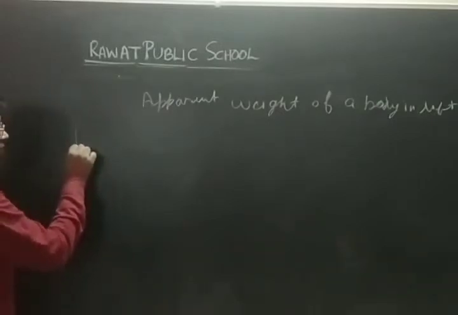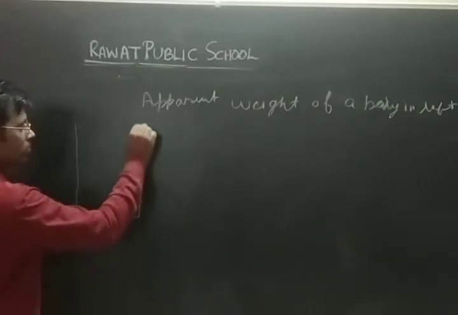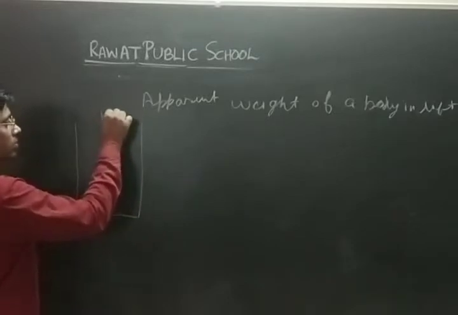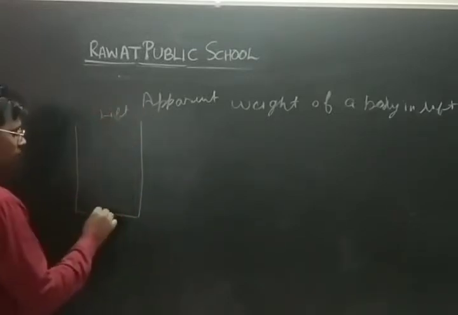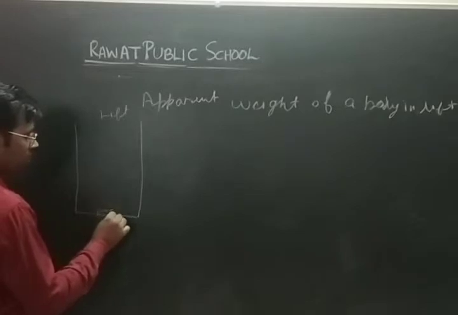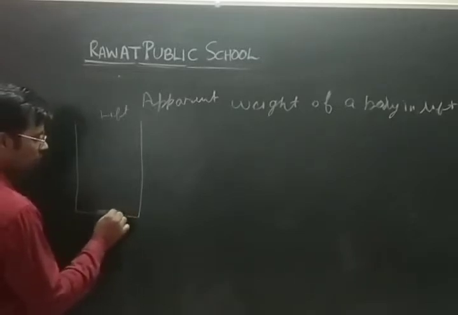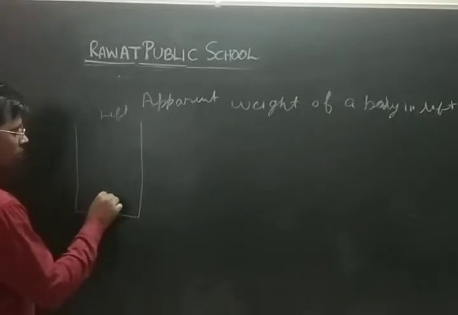Let's suppose we have a lift. This is a lift in which we have placed a weighing machine. This weighing machine is used to measure the weight of the person, or the body which is placed over it.